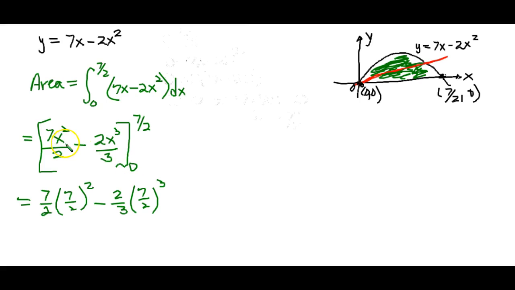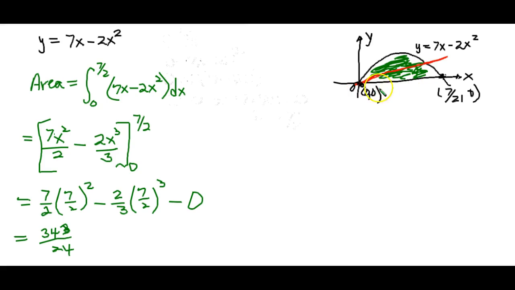But notice when I plug 0 in for x in this expression, both terms go to 0. Multiplying all of this out, and I'll leave this to you as an exercise, once you pull everything together, you should end up getting the area to be 343 divided by 24. So that gives us the area of the region shaded in green.